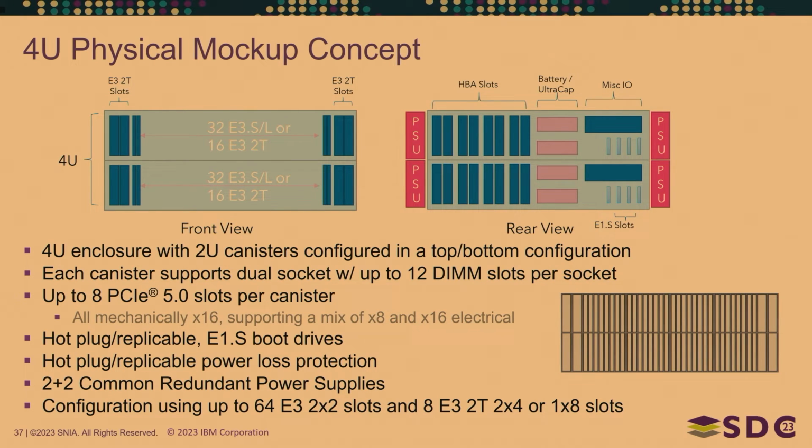And again, hot plug replaceable E1.S boot drives, hot plug replaceable power loss protection, battery backup units, and 2+2 common redundant power supplies. That way you get the 64 E3 devices and 8 E3 2T devices out the front.